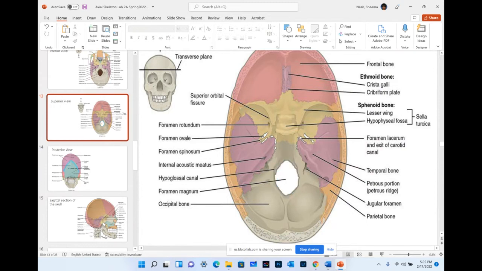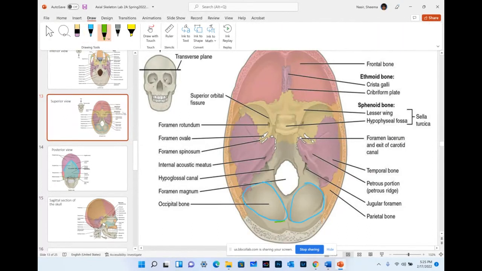Right next to it, you can see towards the back this fossa, and this fossa right here is fossa for cerebellum.